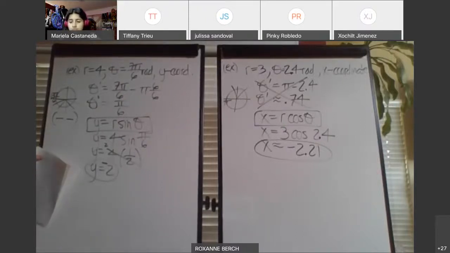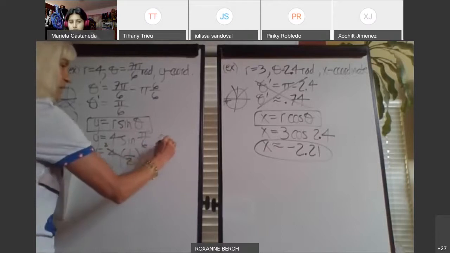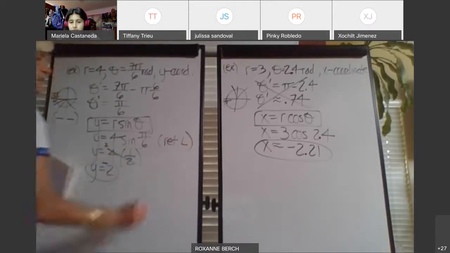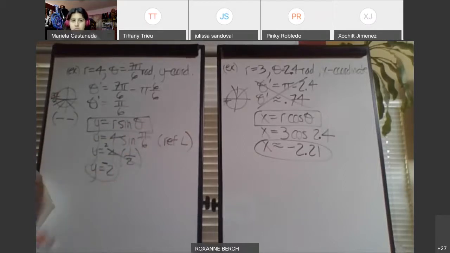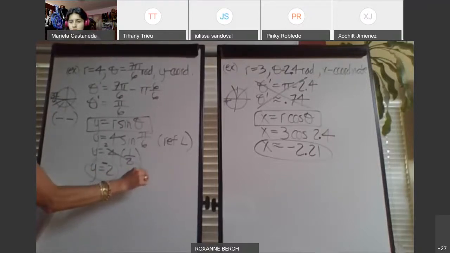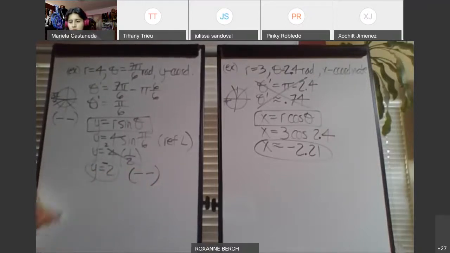What we did is we evaluated the reference angle. And then from there, we attach the appropriate sign depending on where the angle is. All right, so the way I'm doing it is I'm finding the reference angle, I'm evaluating the reference angle, and then the actual angle is in quadrant 4, which means y has to be negative.